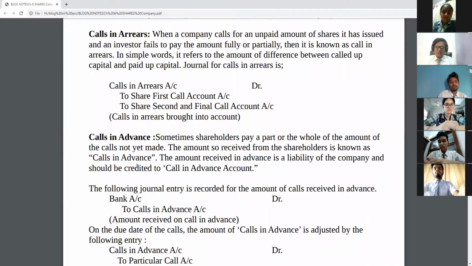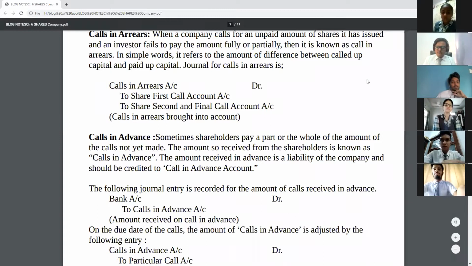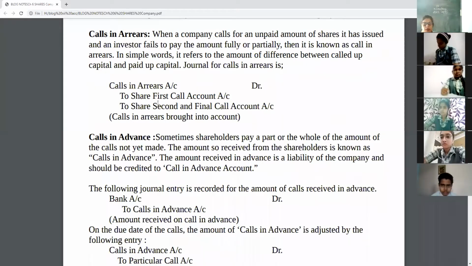Calls in arrears. What is calls in arrears? When a company calls for an unpaid amount, if the investor is unable to pay, then this will be termed as calls in arrears. It refers to the amount of difference.